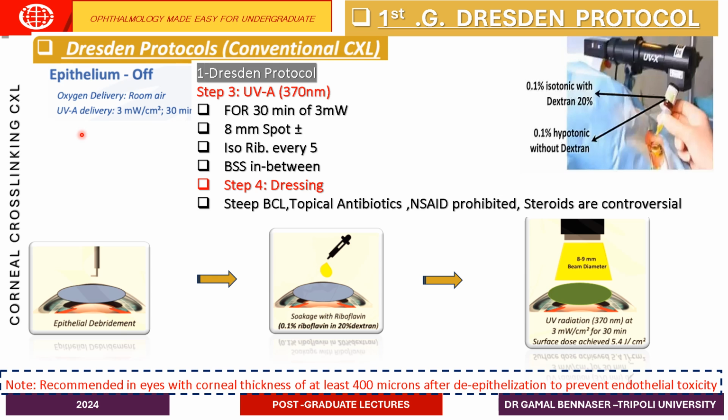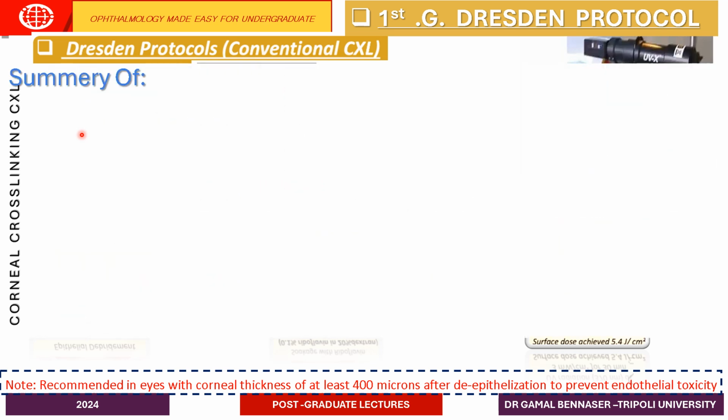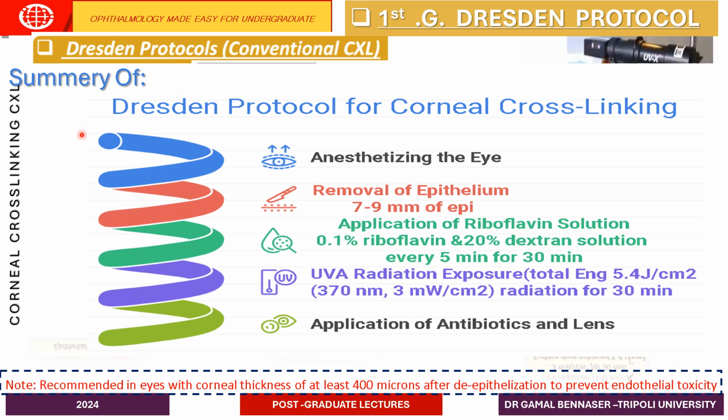On completion of the procedure, as I said, the ultraviolet should not exceed 8 millimeter diameter, so that we preserve the limbal stem cells. On completion, we add a bandage contact lens with a steep base curve, so that we allow some space between the healing epithelium and the bandage contact lens. We can use antibiotics. Non-steroidal drugs are prohibited because there are some reports of inducing corneal melting when applied directly onto the stroma.